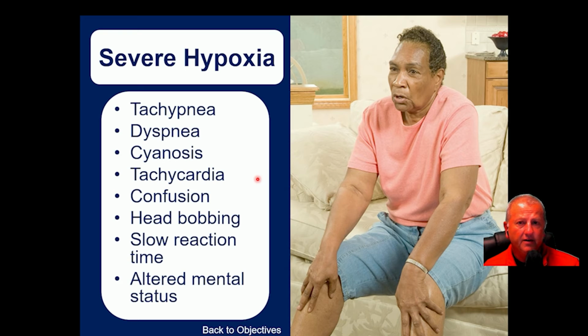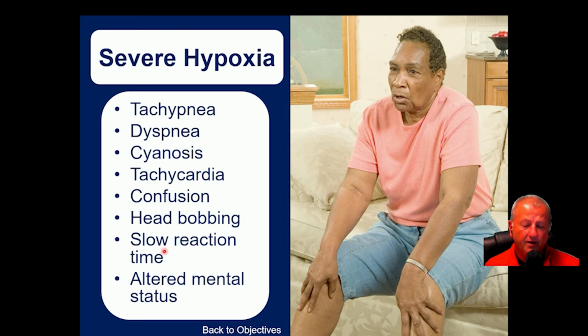Your body does that to try to have the epi and norepi make that smooth muscle that we talked about earlier dilate. Confusion, head bobbing. This is when a person is getting so tired from breathing, they're about to give up.